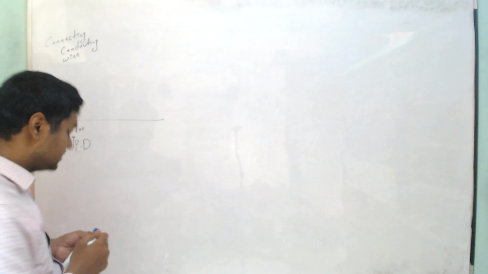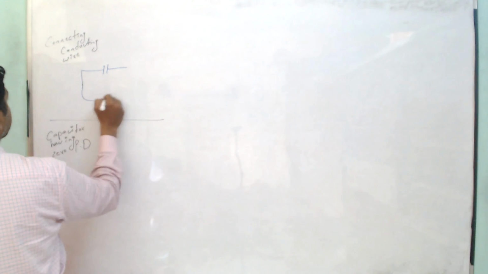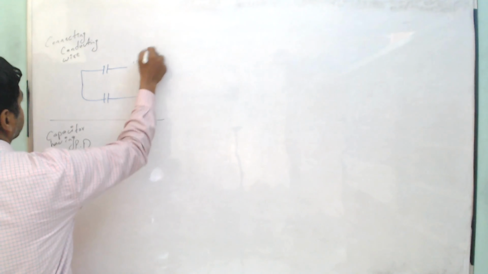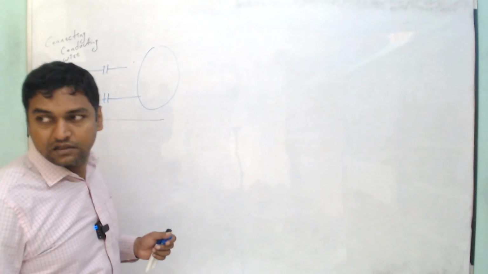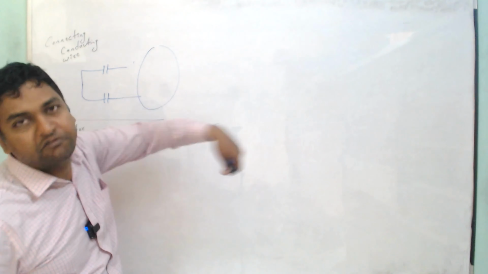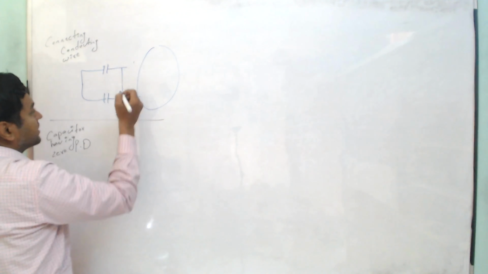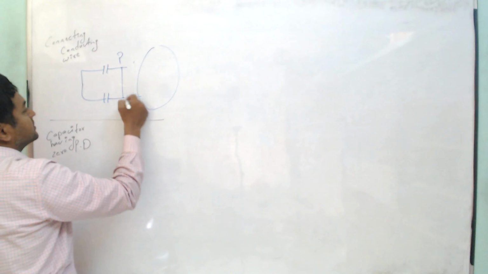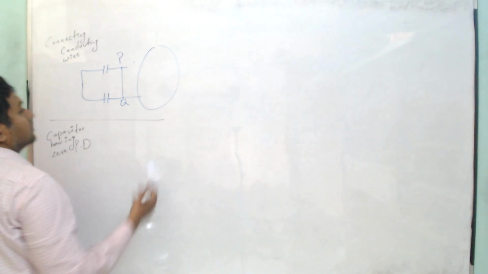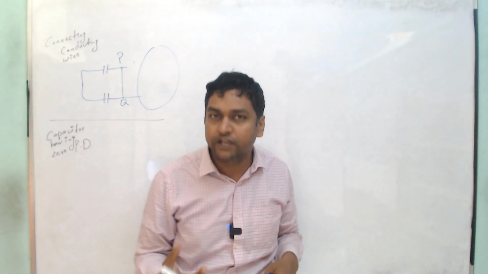So what we are saying is, in one of the questions earlier, you have a capacitor here, you have a capacitor here, and whatever is the remaining story, of course, we have two more capacitors, but let it be a very big circuit, it doesn't matter. If I connect it by a conducting wire, if I say this point is P and this point is Q, what is the job of the conducting wire?